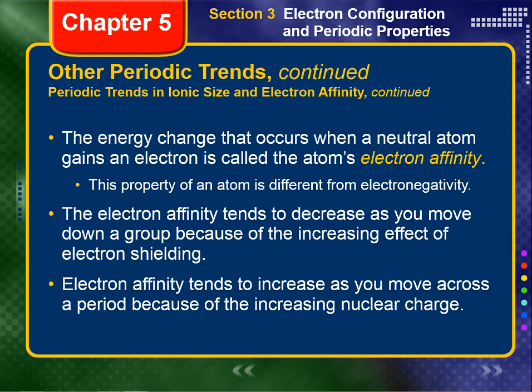Now we're on to electron affinity, and this is one of the most difficult trends for students to wrap their head around, because we start talking about amounts of energy, and we use negative values here. And I want to try to make this very clear. A negative value is not the same as a negative number. It does not mean it's less energy than zero.